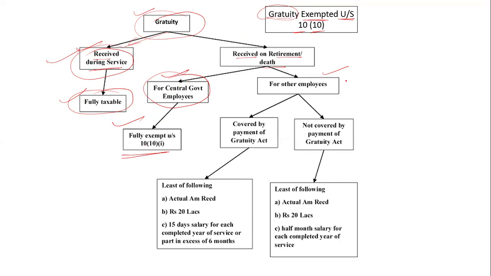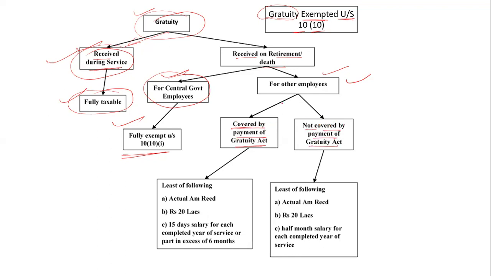Okay, if the person is a non-government employee, in that case there are two conditions: the first one is covered by the Payment of Gratuity Act, and the other is not covered by the Payment of Gratuity Act.